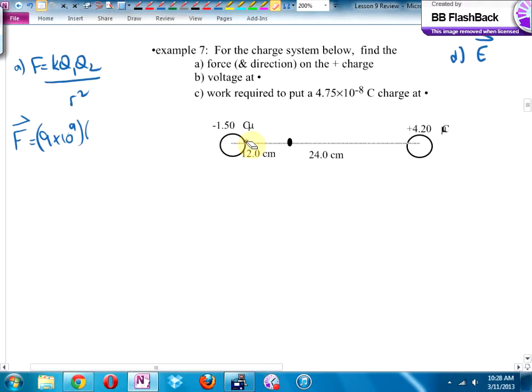What's charge 1? This one here? 1.5. Yeah, no negative because we're doing a vector. Charge 2, positive 4.2.